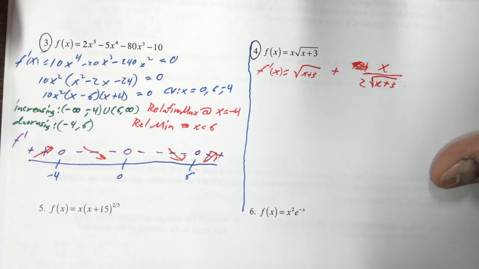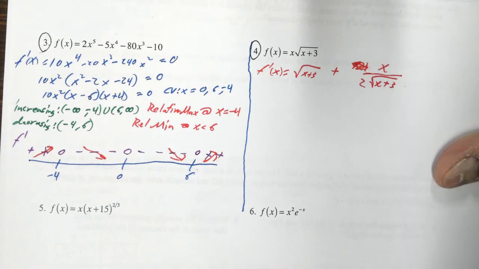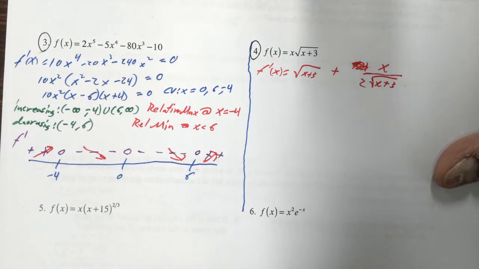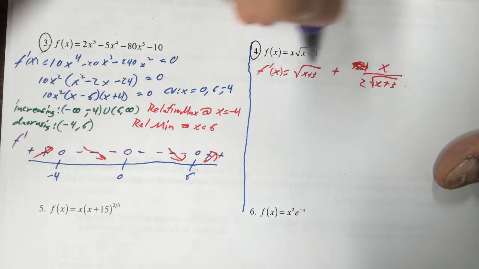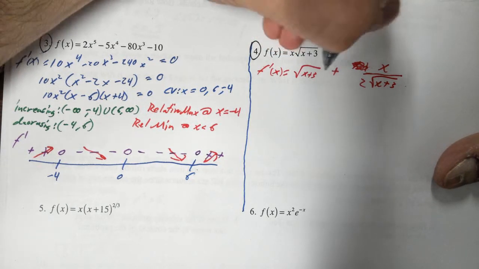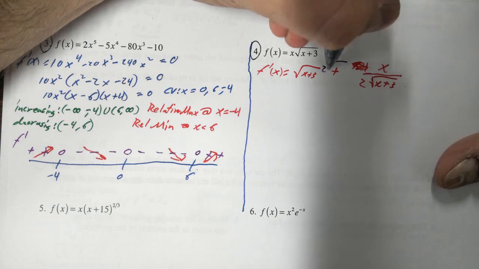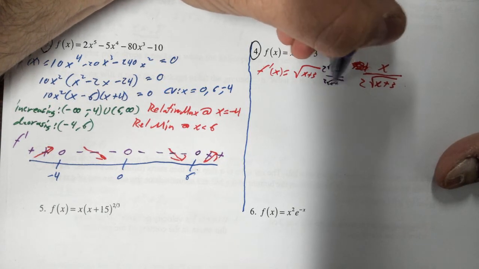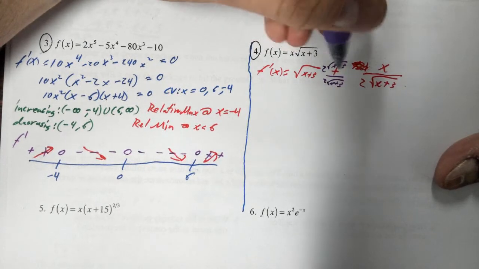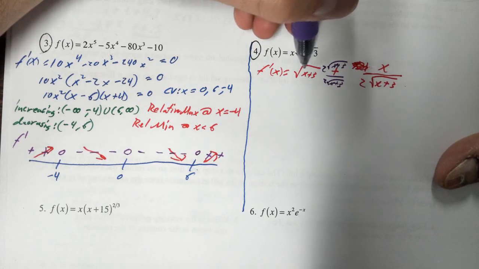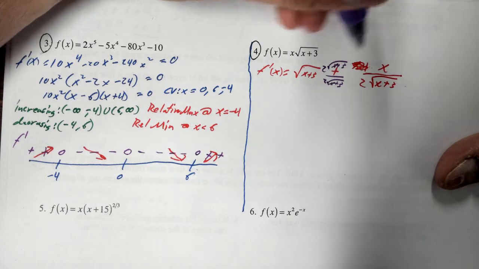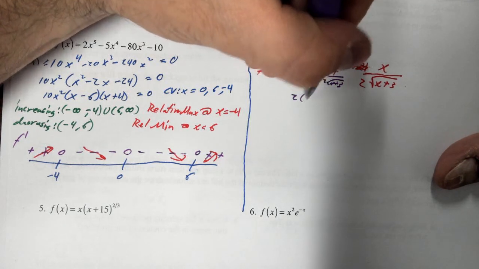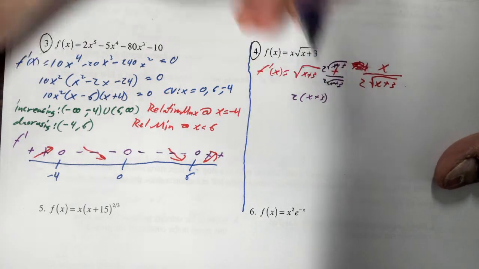We want to know when this equals 0. We also want to know when this is undefined. To do those, I'm going to get a common denominator. I'm going to multiply this first term by 2 square root of x plus 3 over 2 square root of x plus 3. Square root of x plus 3 times square root of x plus 3 just becomes x plus 3. The square roots go away.